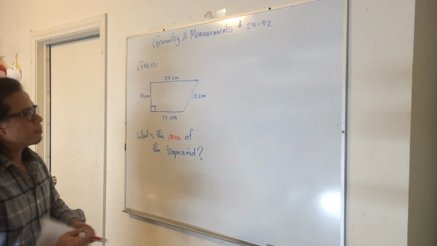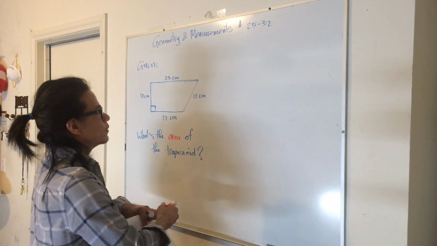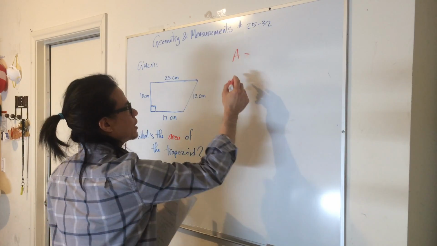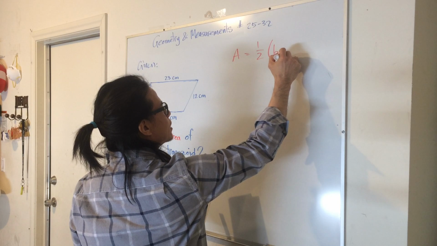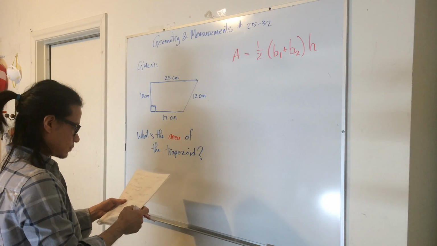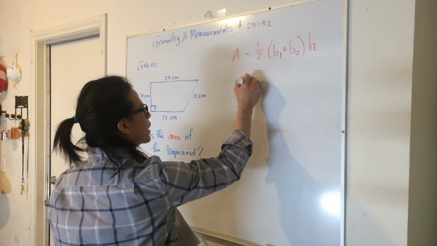So the way I'm going to go about it is I'm going to use that formula for finding area of a trapezoid. It is area equals half of base 1 plus base 2 times the height. Okay, so let's plug in what we can here.